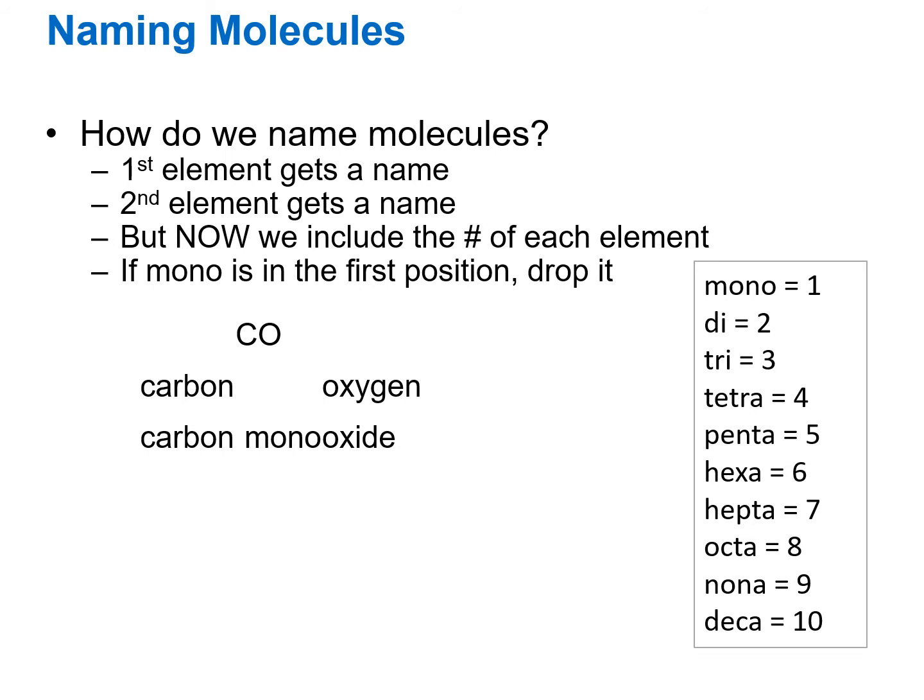Now, if you didn't know any better and you were to read that, you might actually read that as mono-oxide. Now, we don't want it to sound like that. So what we end up doing is we eliminate one of those O's and we make it monoxide. So there is a rule that says that when you have more than one repeating vowel, under certain circumstances, you get rid of it.